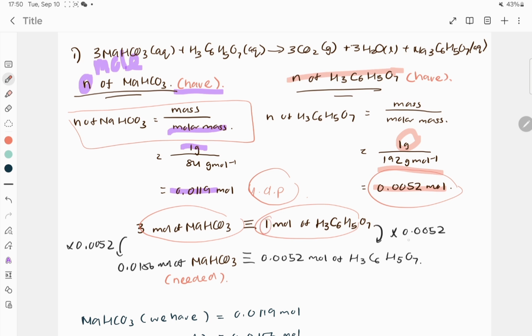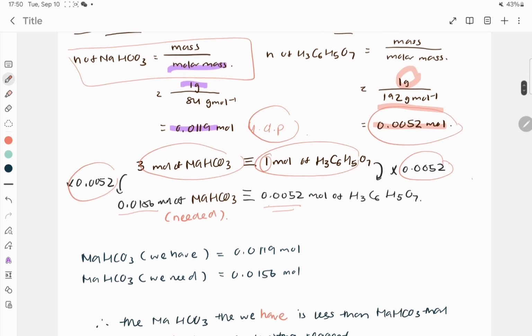We multiply by 0.0052, and here we also need to multiply by the same value. So if we use 0.0052 mole of H3C6H5O7, we will need 0.0156 mole of NaHCO3. Is it clear? This is the value that we need.